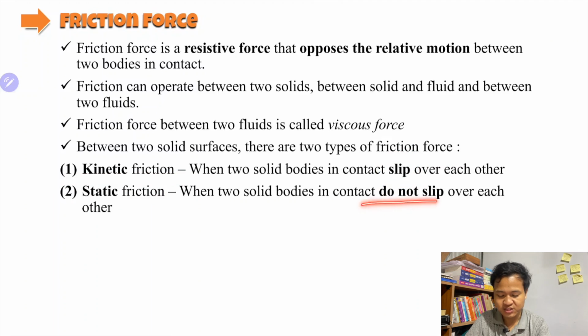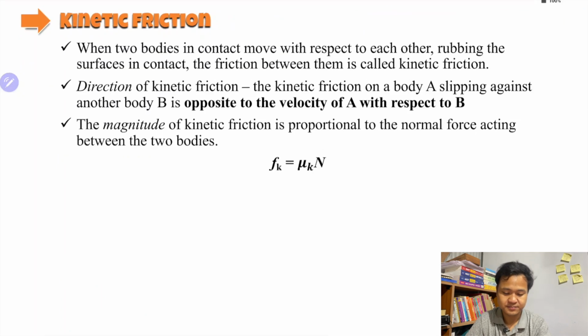If the bodies are not sliding over each other, then the friction at the contact surface is static friction. Let's go a little deeper into kinetic and static. Kinetic: if bodies in contact move with respect to each other, rubbing, sliding or slipping, that friction force is kinetic friction.